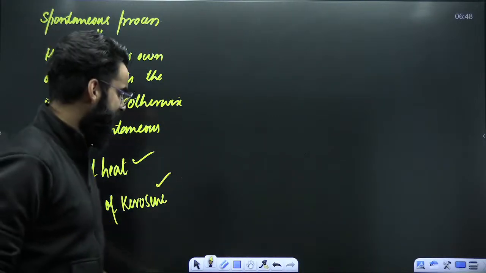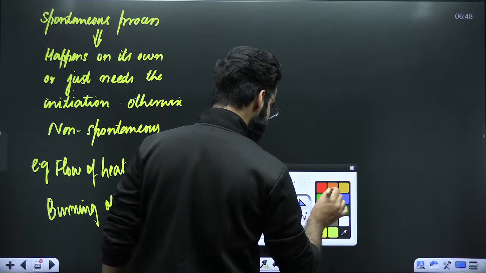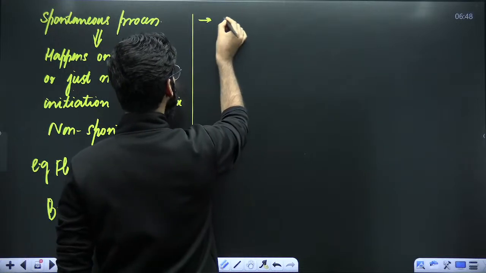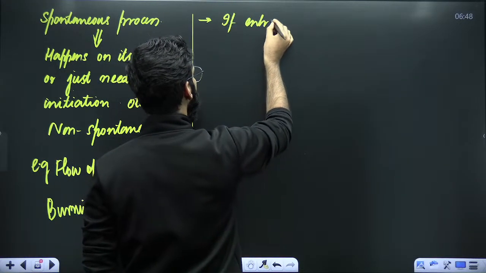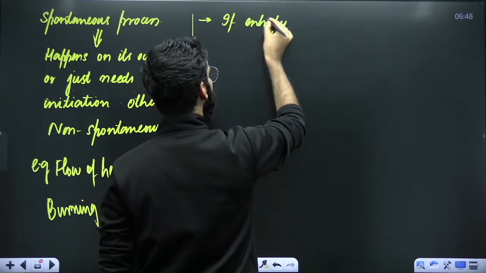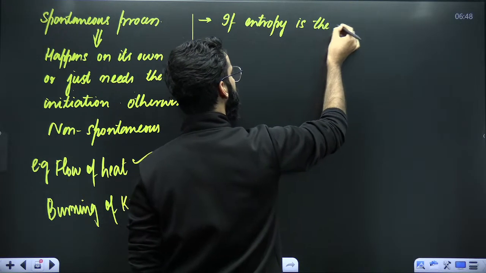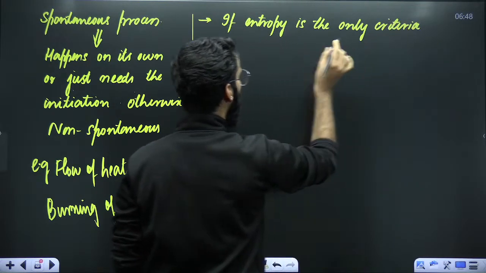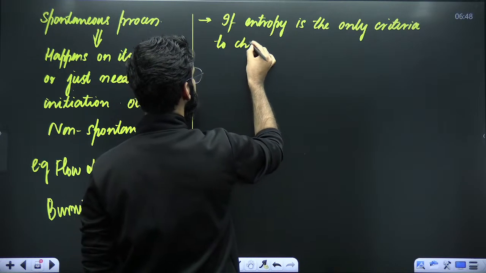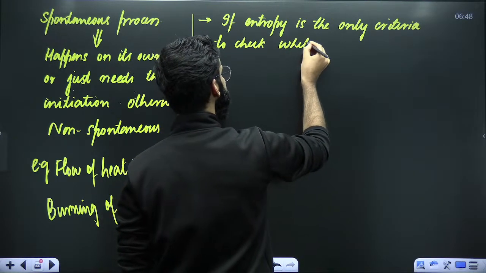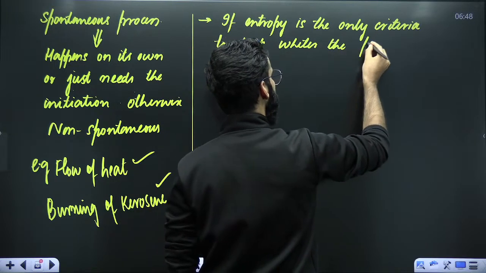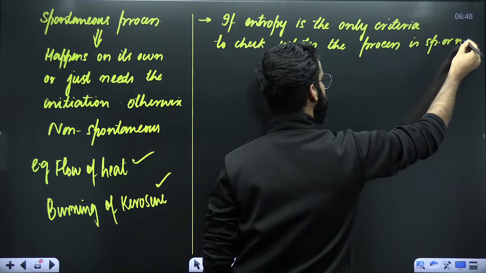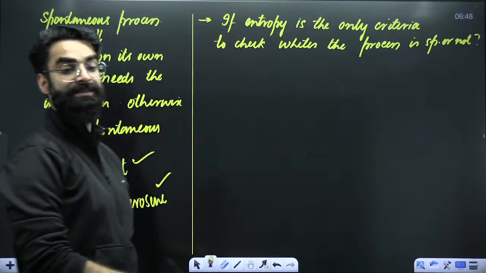Perfect. Now, my dear students, the point is very simple. See what the point is. If entropy is the only criteria to check whether the process is spontaneous or not, what do we do at that point of time?